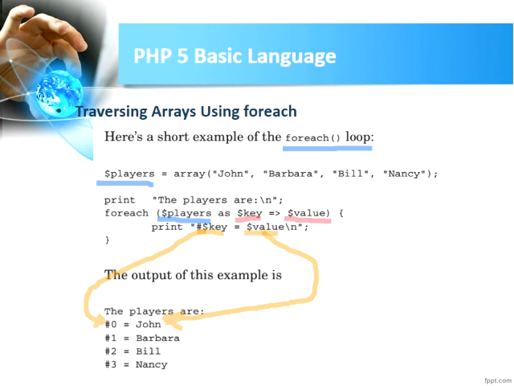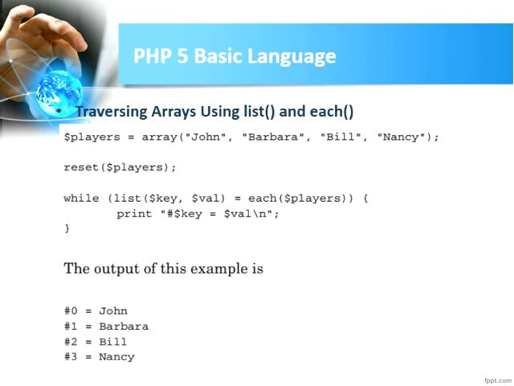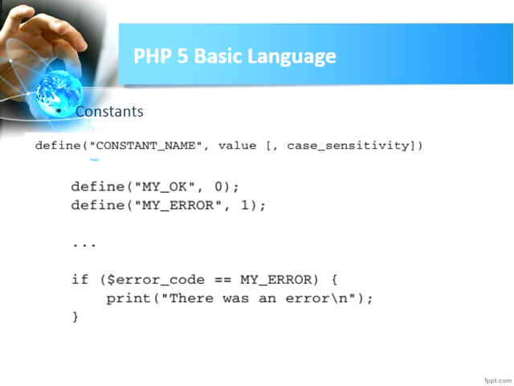After that the key will be 1, the value will be Barbara, etc. Any questions about traversing arrays using foreach? Okay.